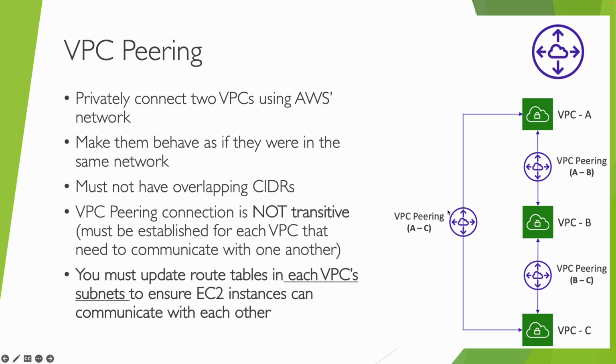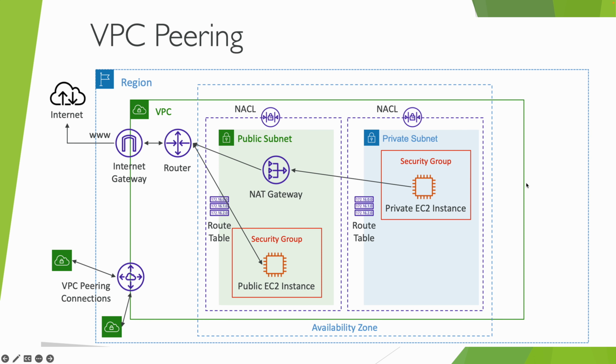After creating this VPC peering, you also need to update the route tables in these two VPCs so that VPC A allows all the instances from VPC C, and all the VPC instances must be allowed in the VPC A route table. So we need to edit the route tables also to allow the traffic between these two VPCs. Let's see how this VPC peering works.